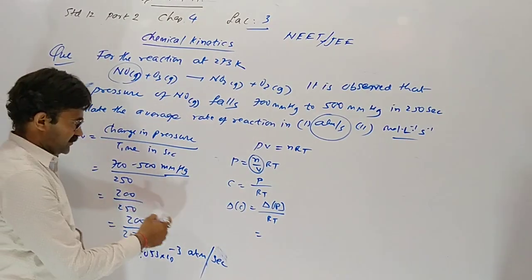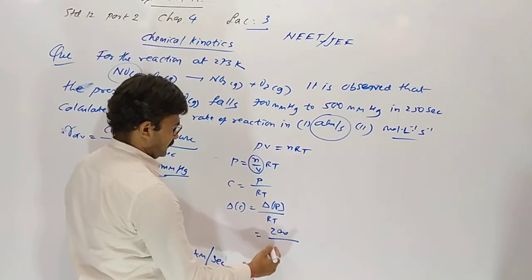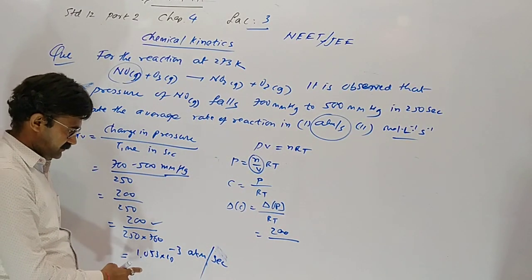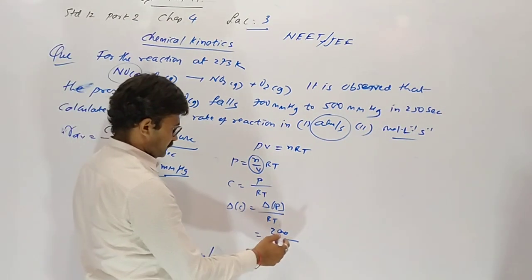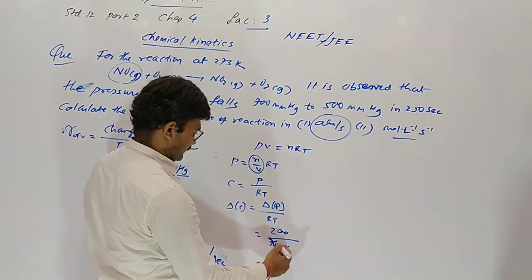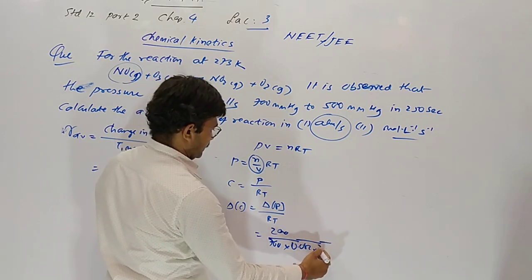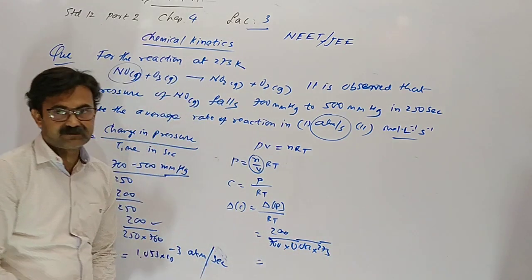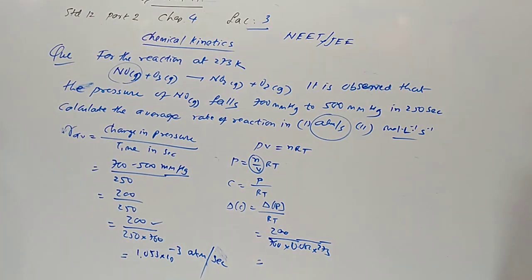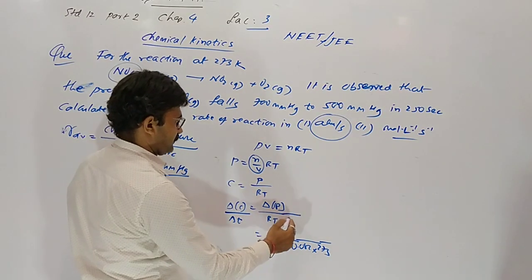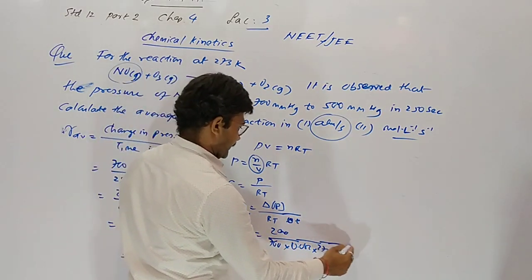So change in pressure is 200 millimeter, in atmosphere, divide by 760, and 0.082 into 73, and also divide by time 250.